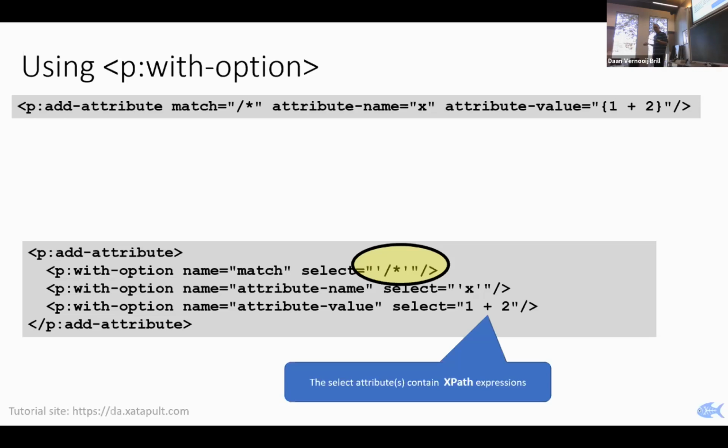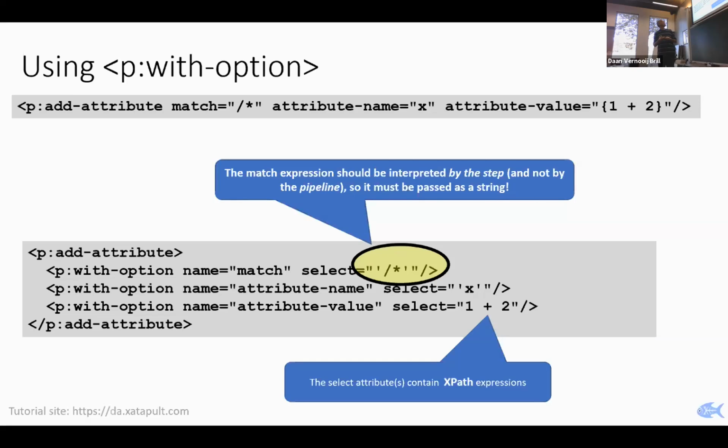and not by the pipeline. Because think of what would happen if we left out these single quotes and put it in as a real XPath expression /star. Then the pipeline says, the select expression contains an XPath expression, I'm going to evaluate that.